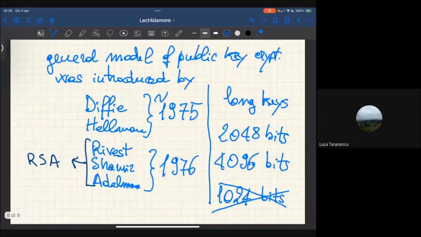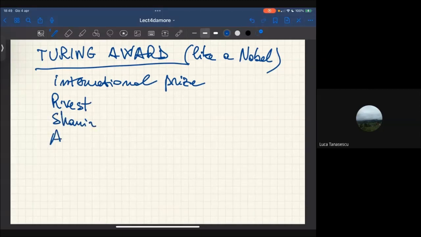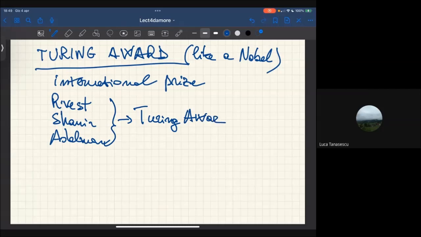I am saying this because the three researchers, Rivest, Shamir, Adleman, they got the Turing Award for RSA and for the importance of RSA.